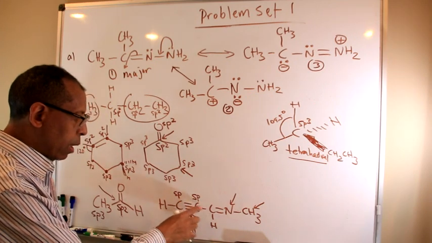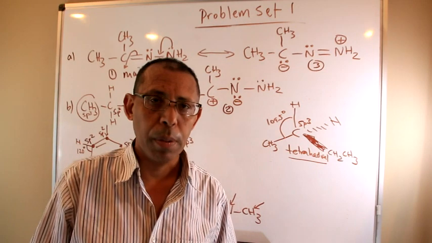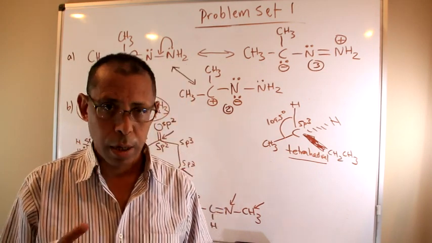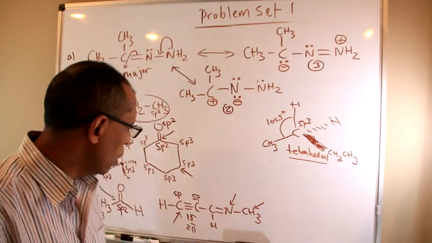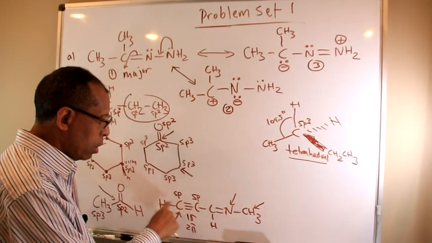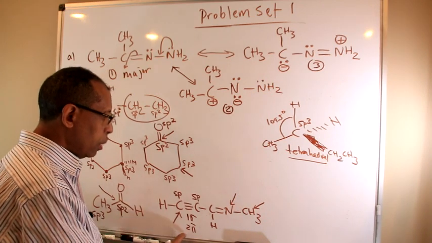So the 2 carbons are sp hybridized. So whenever you have a triple bond, an alkyne, the hybridization would be sp. So review the sp hybridization, what it means. It contains 2 pi orbitals.